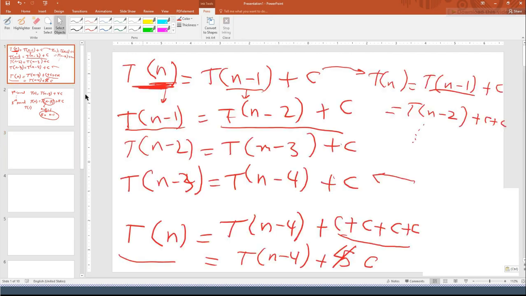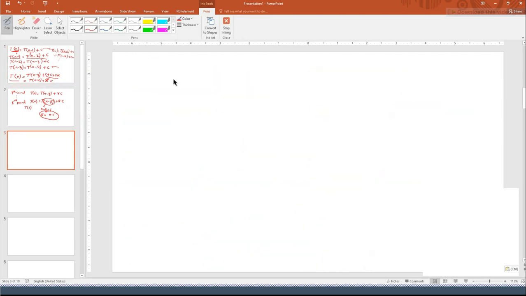So the equation is Tn equal Tn minus k plus kC. This is the original one. So wherever there is k, replace it by n minus 1.